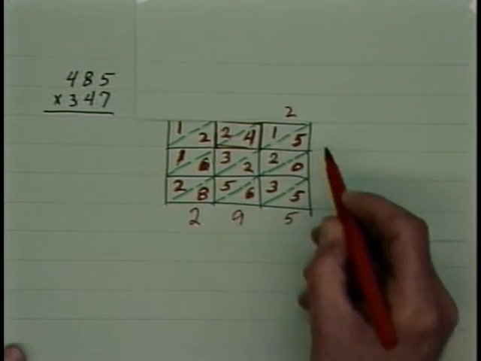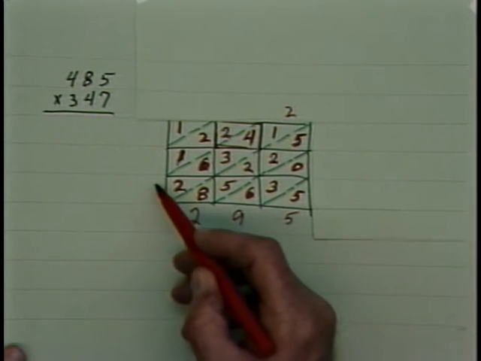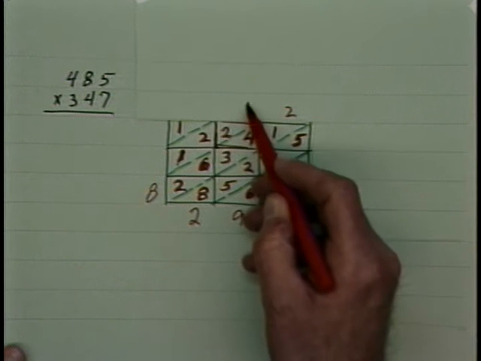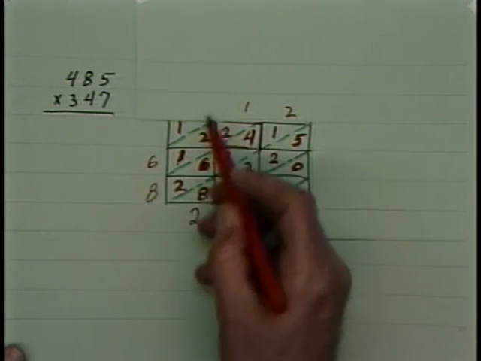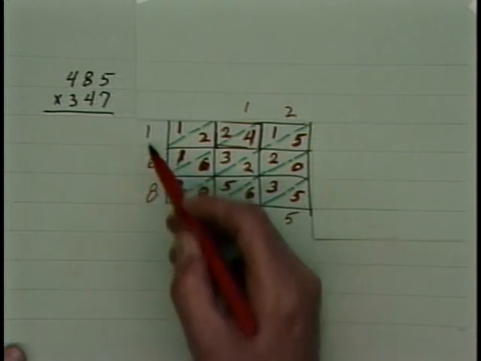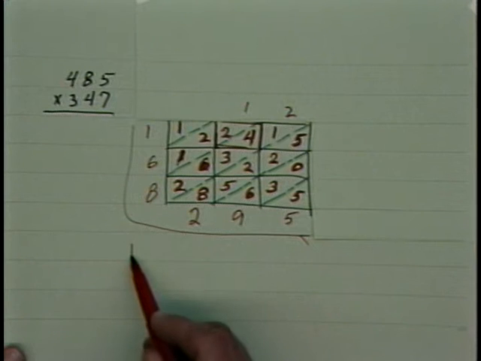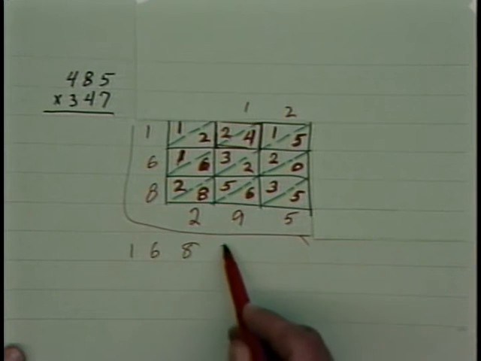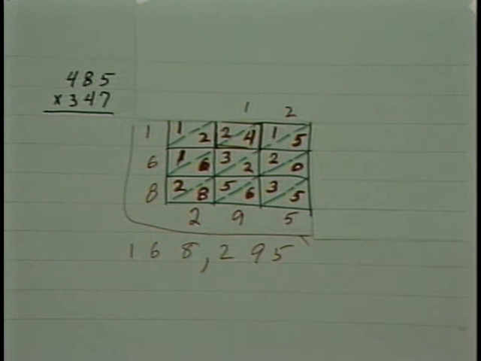I had to carry 2, so it's 3, 7, 10, 18. Carry one more, 3 and 3 is 6, no carry, and 1. And our claim is that this 1, 6, 8, 2, 9, 5 is our answer. Let's check that on a calculator.